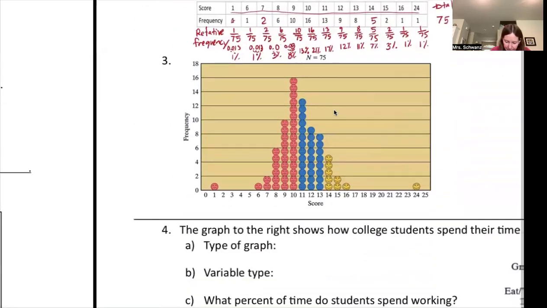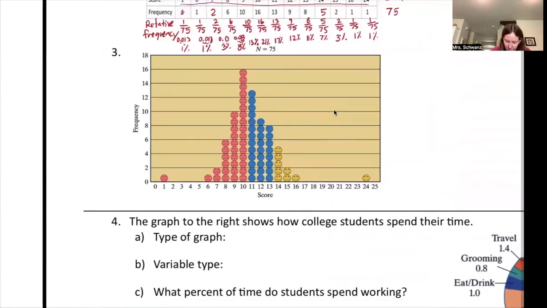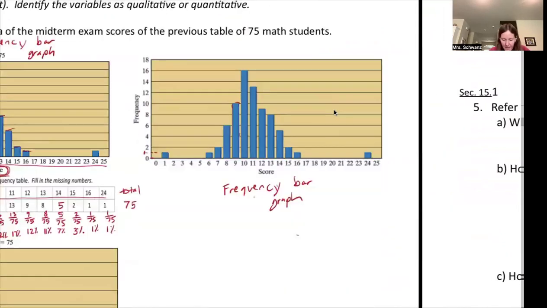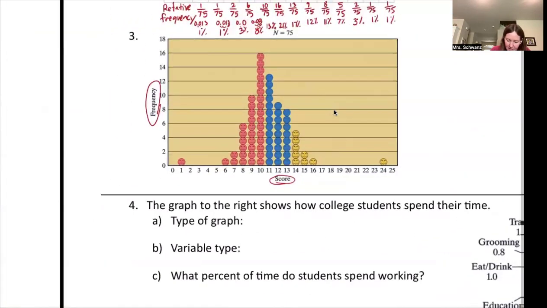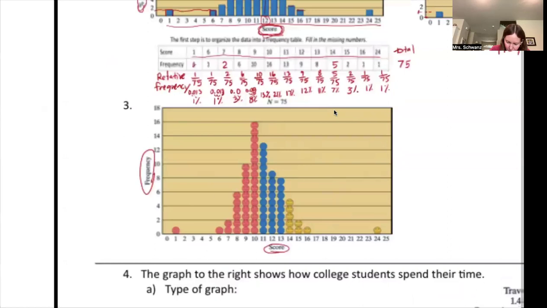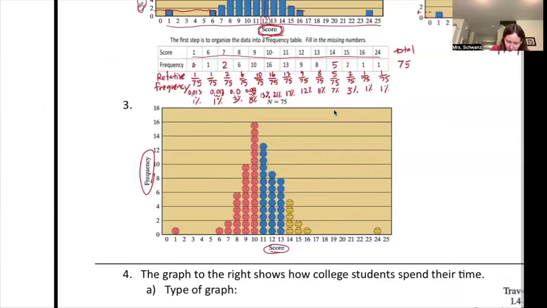And then down here, this one is very similar to a frequency bar graph, because if you look at the bottom, it's the score, and the side here is the frequency. The only difference is that instead of having rectangles, they put little pictures. Looking back at the frequency table, 16 people scored a value of 10.